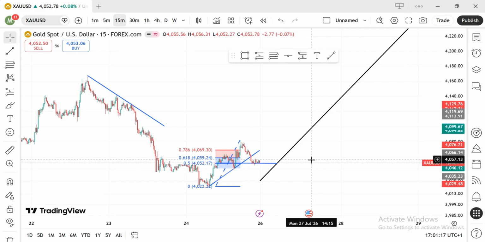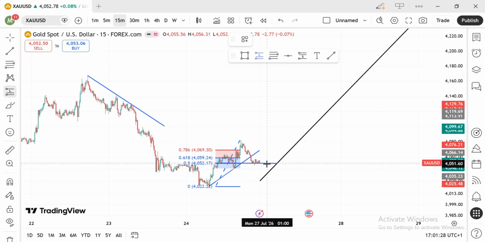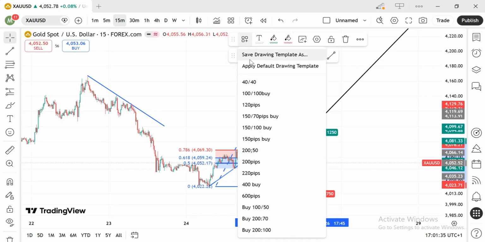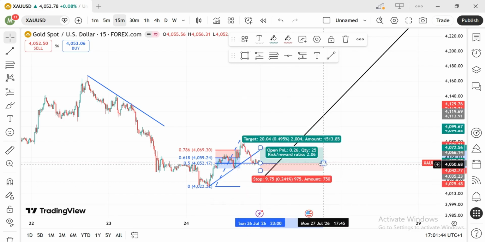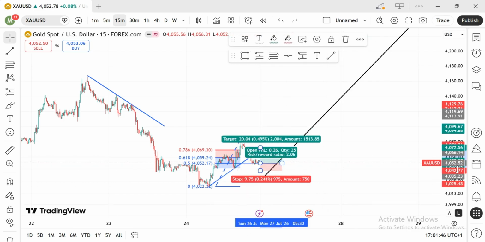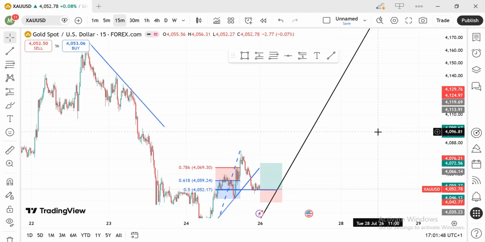Now without all doubt, this is a good point to buy. So all we have to do is to buy on Monday from this zone. We are going to buy to 200 pips on Monday.